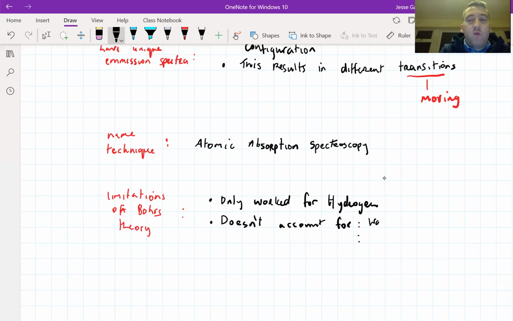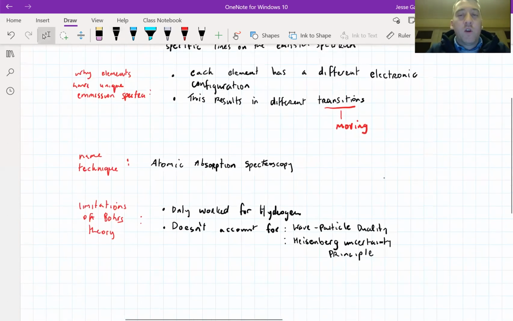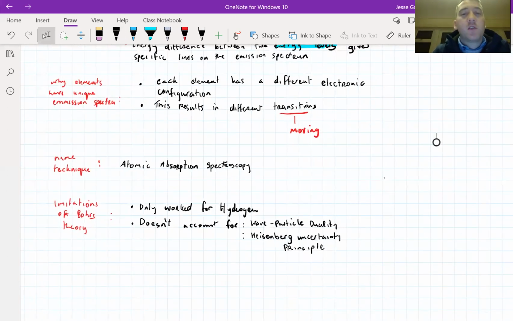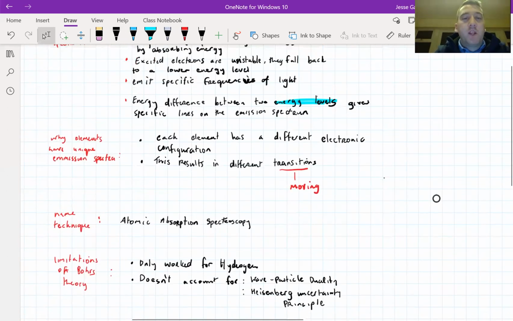The first one is wave particle duality. And the other one was the Heisenberg uncertainty principle. Okay, so we've got more than enough there. We only needed one, but we're just taking care. We didn't take long to write that extra stuff down. We knew it, so we may as well make sure we get the marks.